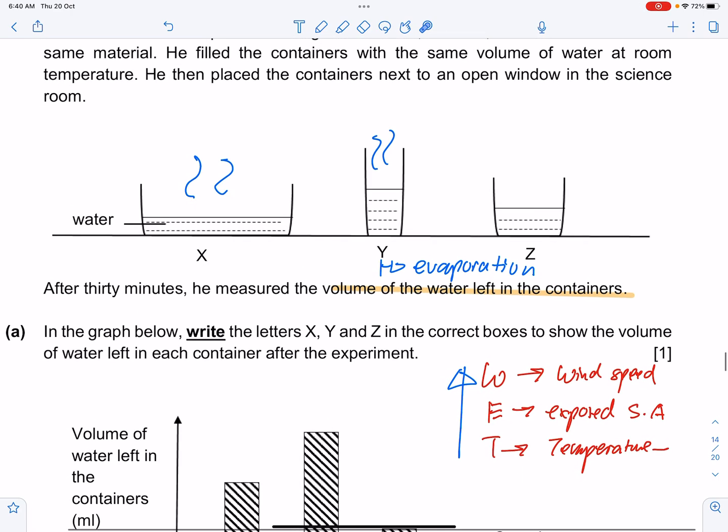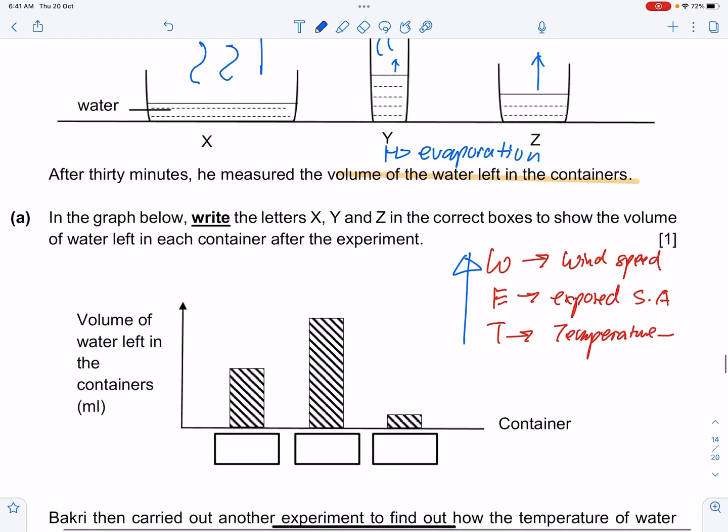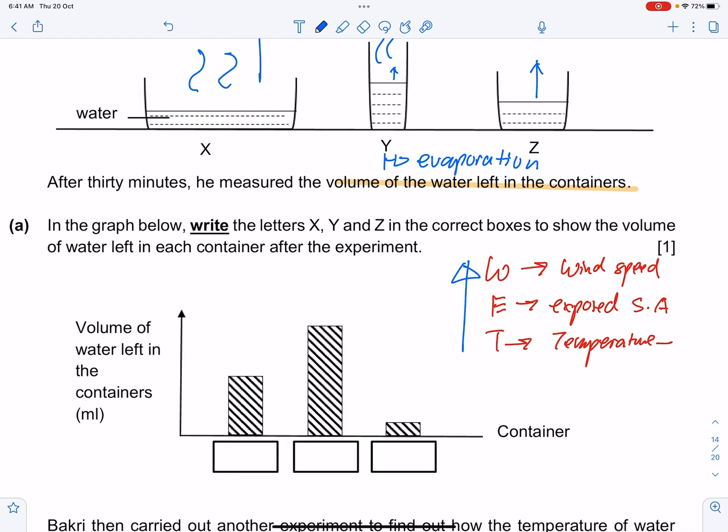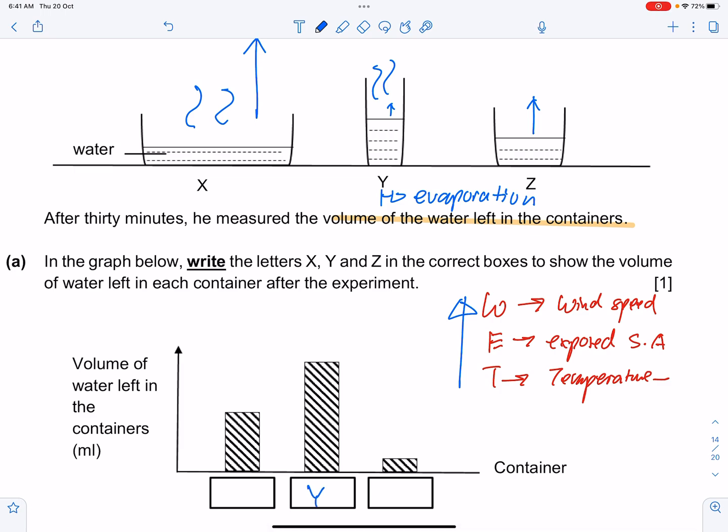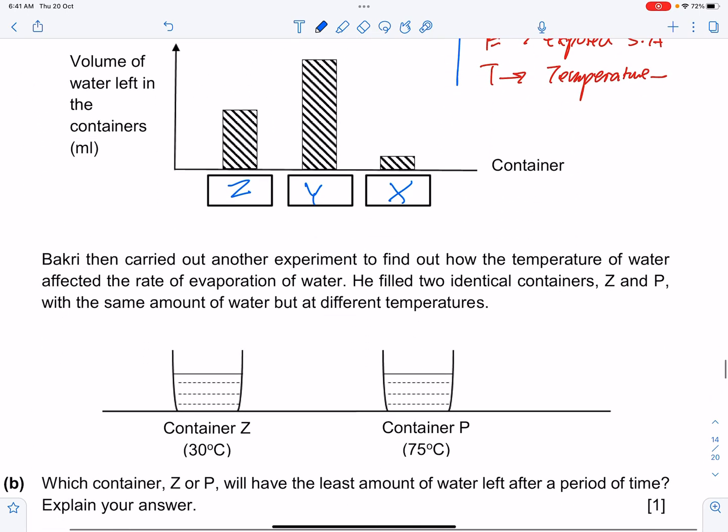So I know that X has the highest amount of evaporation, followed by Z, and then after that my Y is the smallest. So who has the greatest amount of water left? That should be my Y. The second would be my Z, and the one with the least amount of water left should be my X, because its evaporation rate was the greatest.